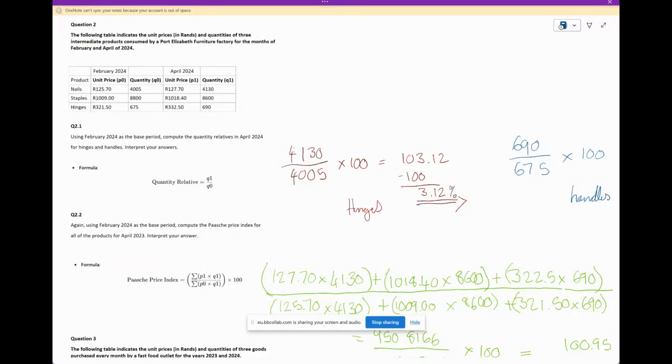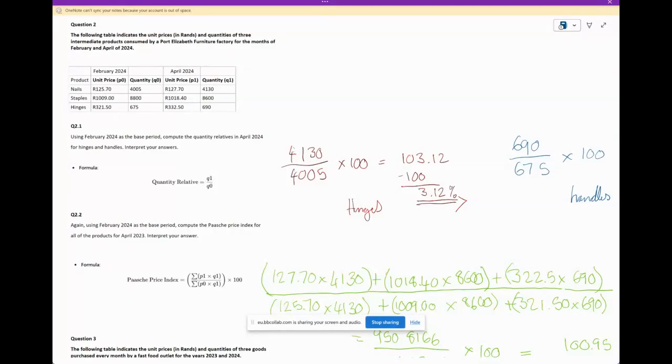The first thing that they asked there, 2.1, use February as the base period. Compute the quantity relativities in April 2024 for hinges and handles. Interpret your answer. Some of you did not know how to interpret the answer.